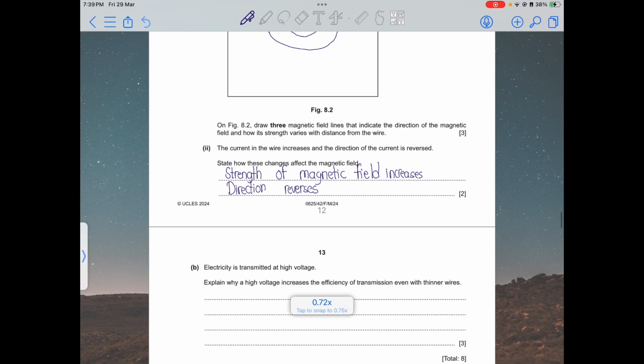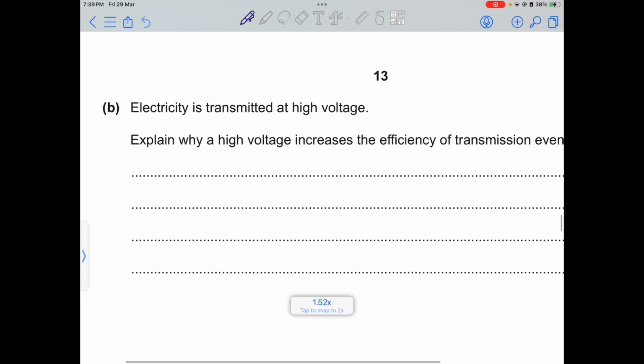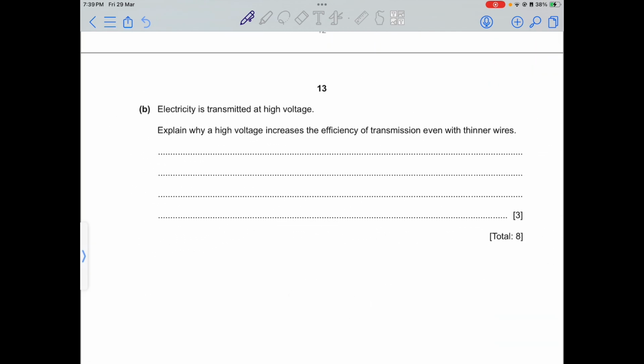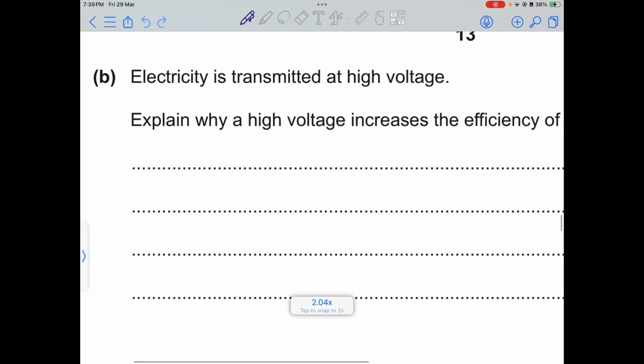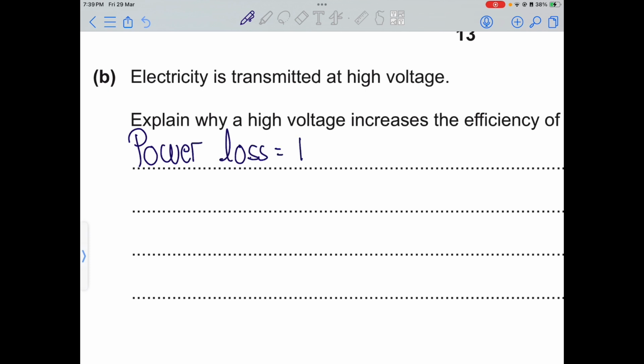Alright, the next question is, electricity is transmitted at high voltage. Explain why a high voltage increases the efficiency of transmission even in thinner wires. Now here there's an important formula to be used, which is that power loss in any wire is given by the equation I squared R. The basic concept is that since power is equal to current into voltage, if you want to transmit the same power, you can use a lower current and a higher voltage.